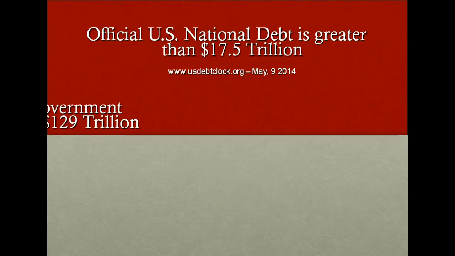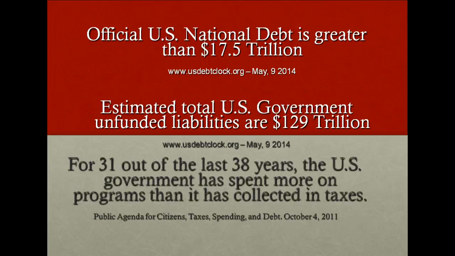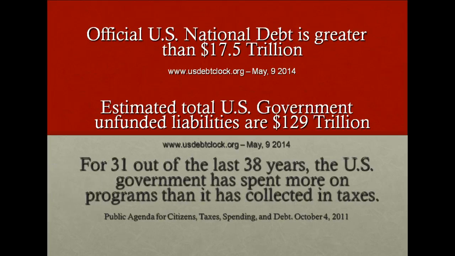Let's begin with a conversation about why American citizens should take a serious look at life insurance products as a way to build and grow tax-free assets with various tax-free living benefits. First of all, we consider our national debt, our unfunded liabilities, and a more than 38-year track record.